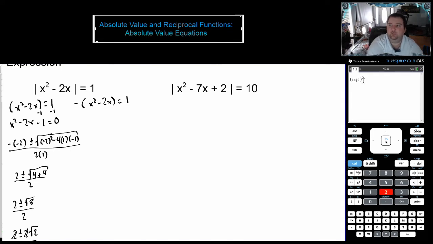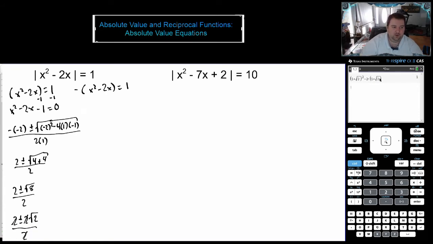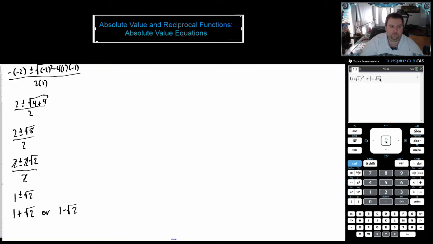So this is my x squared, and then minus 2 times x, which is, again, this 1 plus root 2. So I'm just going to copy that and paste that here. And this is what's inside my absolute value expression. So 1. What's the square root of 1? 1. Does 1 equal 1? Yes, it certainly does. So this one, yes, indeed, it does work.